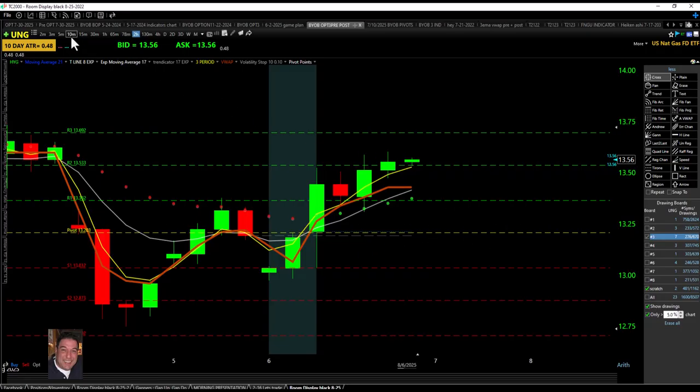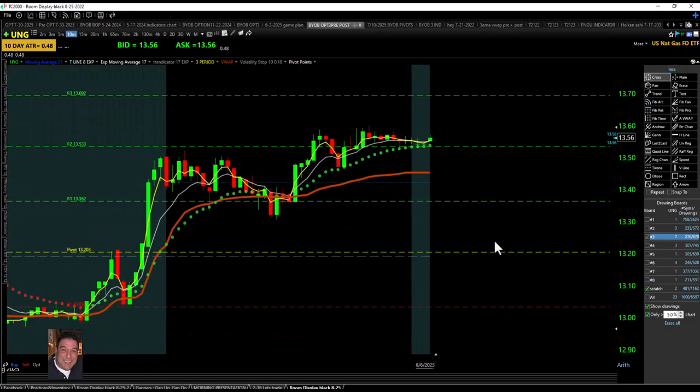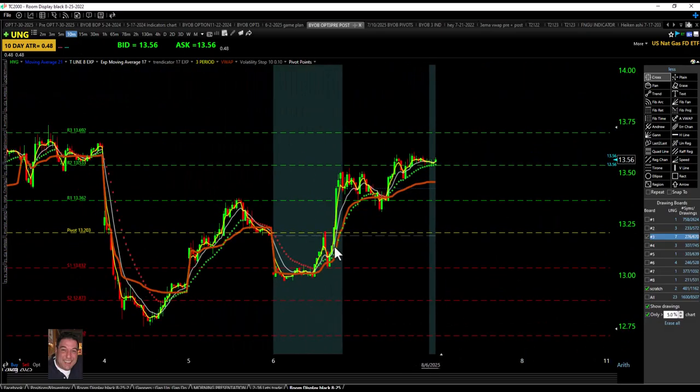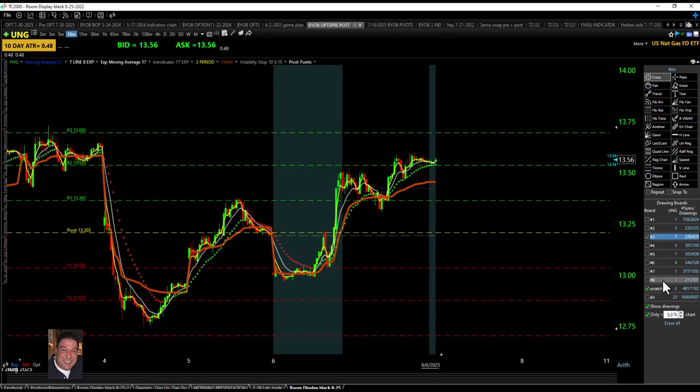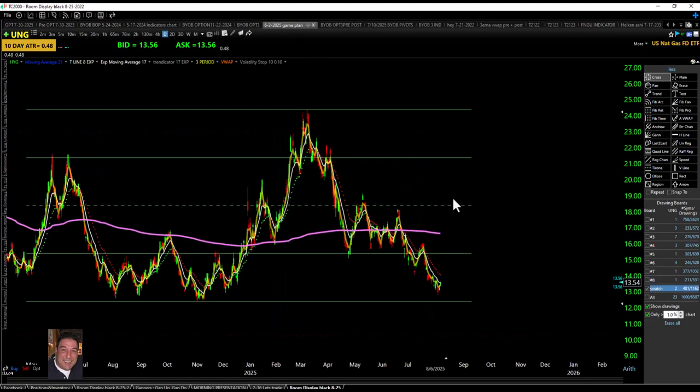Let's take a look at it on the 10-minute chart. So there's that pivot. I draw my own pivots when I do price action.